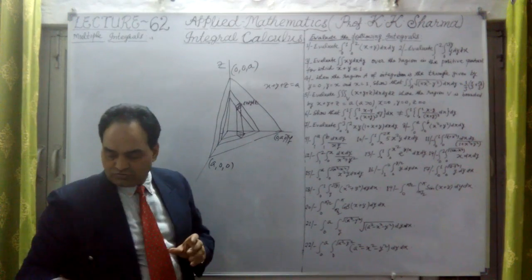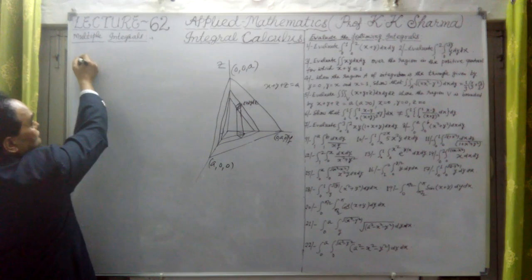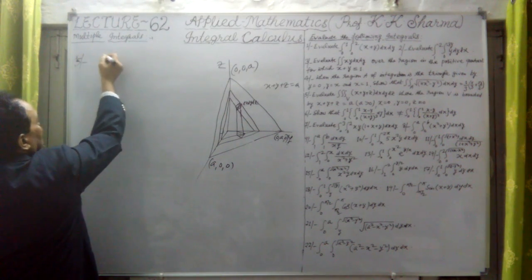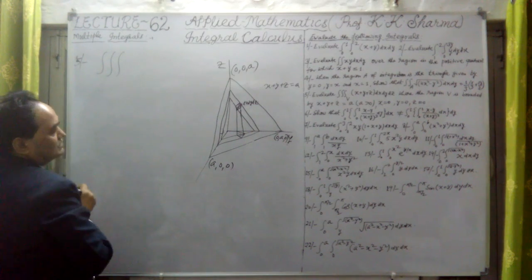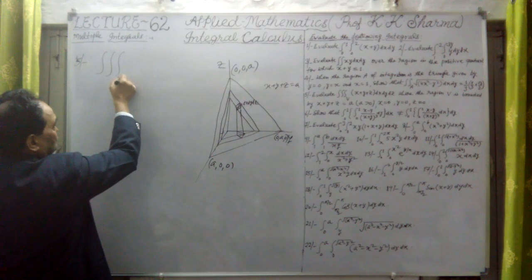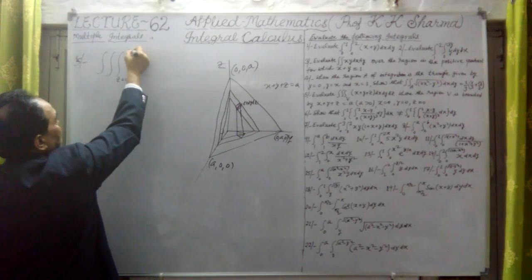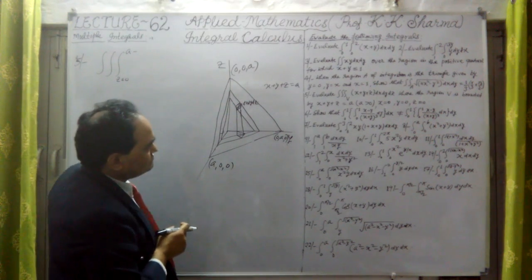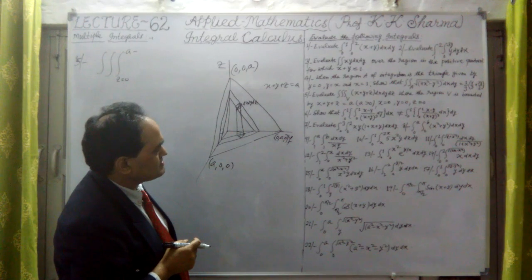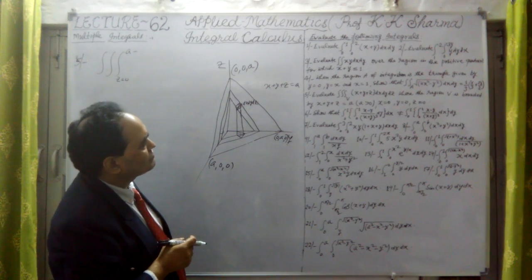Now let me talk about the integration of this triple integral, question number 5. What are the limits here? In the last limit, z goes from 0 to a minus x minus y, where x plus y plus z equal to a.